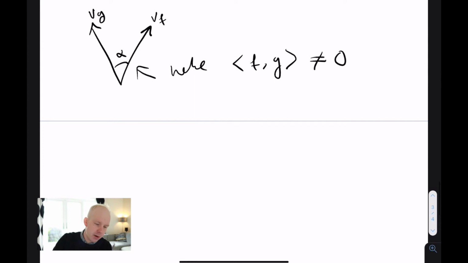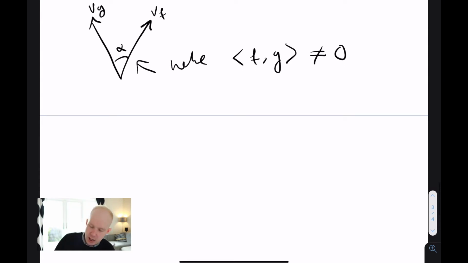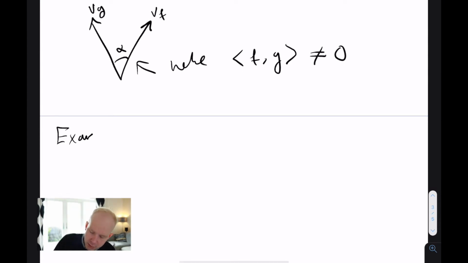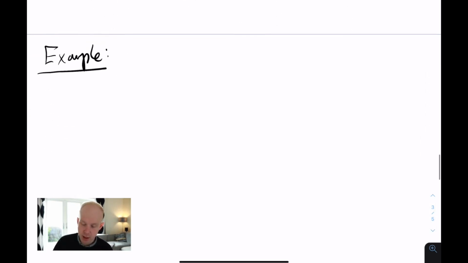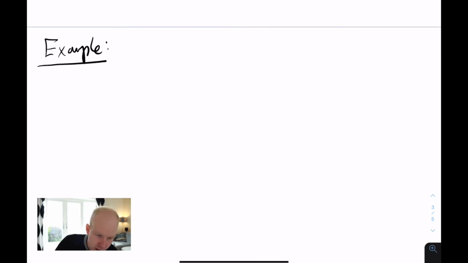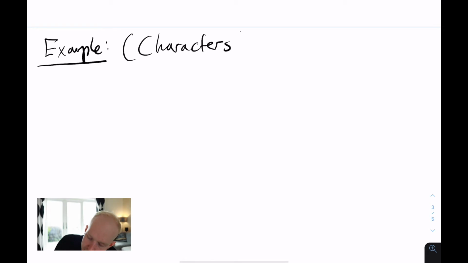So now the main examples that you usually encounter, and this is the foundation of Fourier analysis as well, are these basic functions. I call them characters, and they are functions of this type. Let's call it chi k.